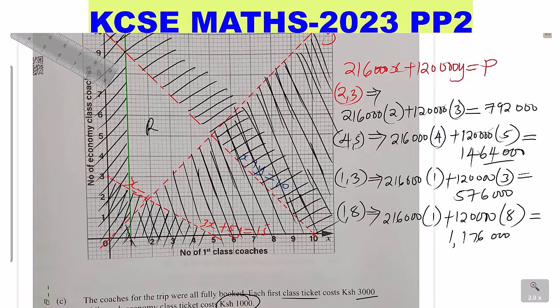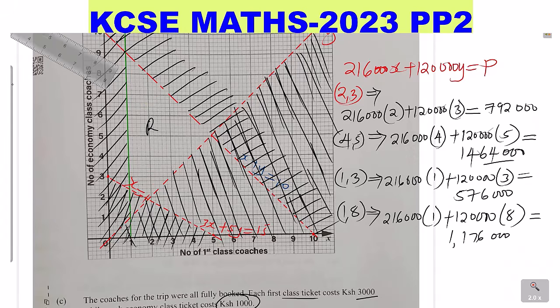We can still pick along this line here, let's say (2, 7). We're picking one on the lower side, since we've picked (2, 3).